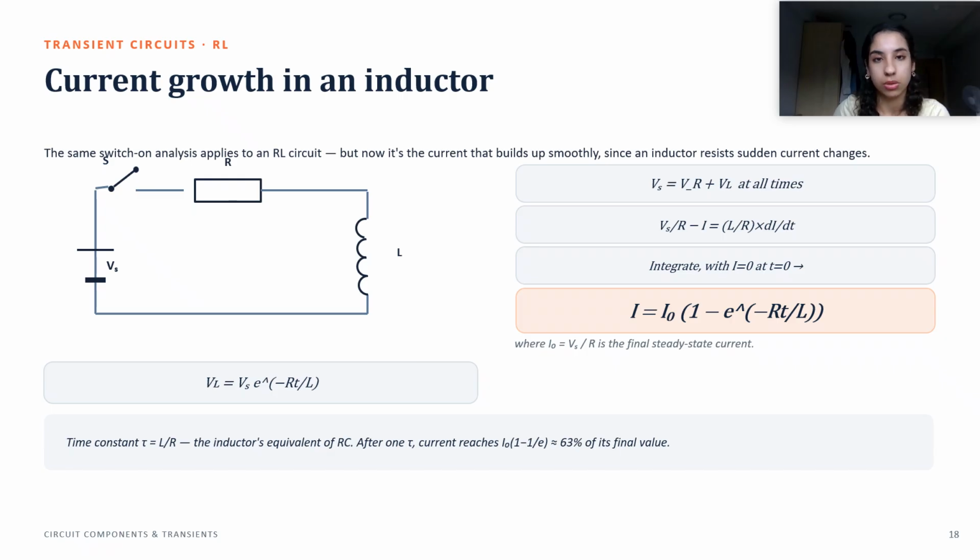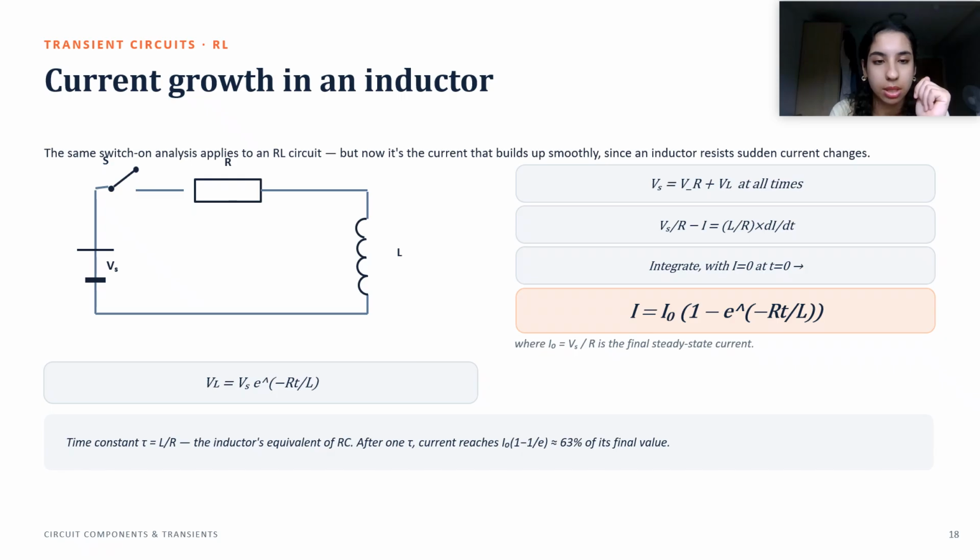Again we use Kirchhoff's law. The supply voltage should equal VR plus VL, and so using Ohm's law, Vs over R minus I should equal L over R multiplied by the change in current over time.